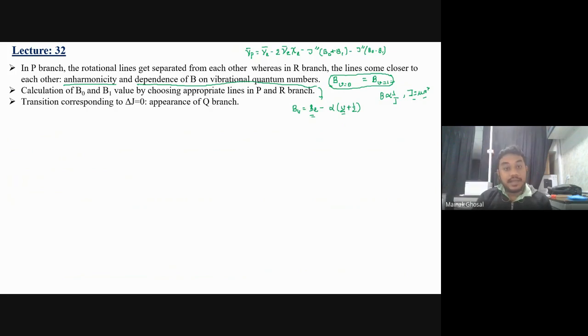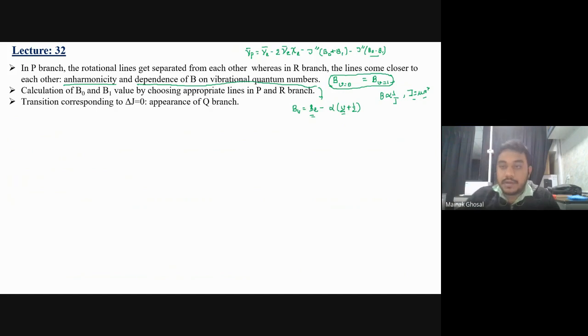The B values are not equal. B value will depend upon V, the vibrational quantum number. In the previous case, you neglected this term because if B0 equals B1, this term gets cancelled. Now you can see that nu bar P will decrease as you increase J prime.